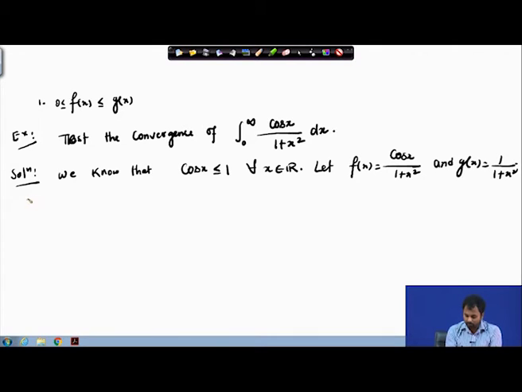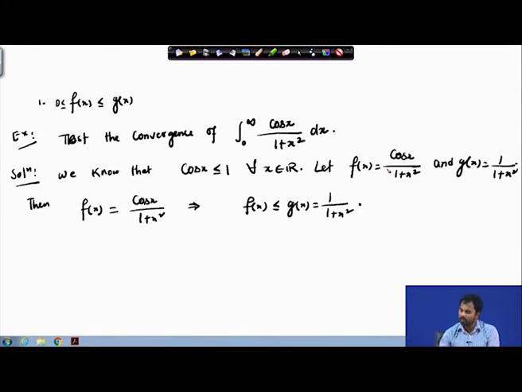So, then our f x is cos x by 1 plus x square, and from here f x is less or equal to g x, which is equal to 1 by 1 plus x square, right, because cos x is less or equal to 1.